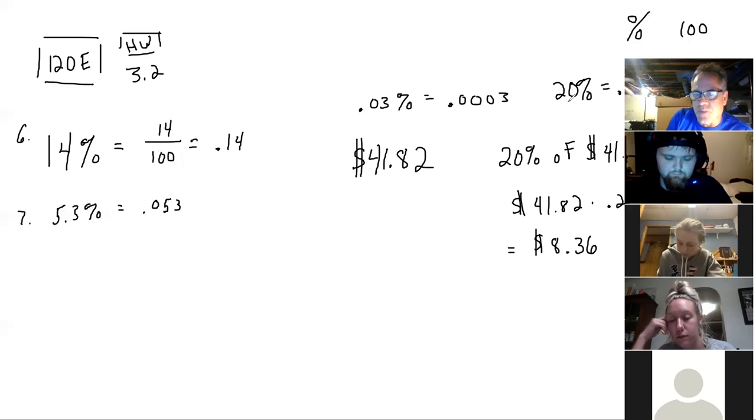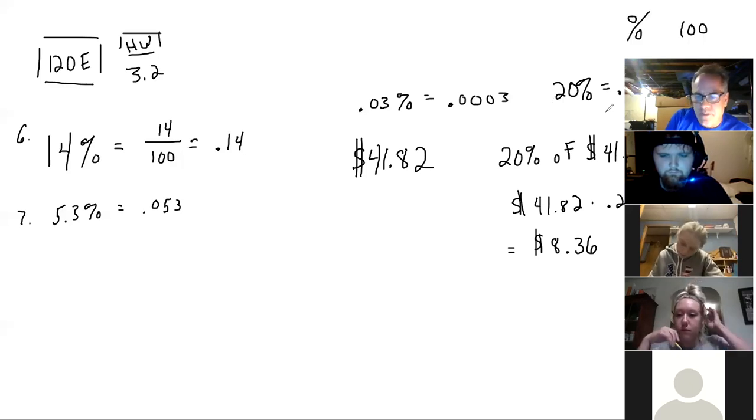I moved the decimal place twice to the left. Then multiply 0.2 times the bill. And that's what it came up to be, 8.36. So $8.36 is 20% of $41.82. So that would be a 20% tip right there. Okay. Does that make sense?